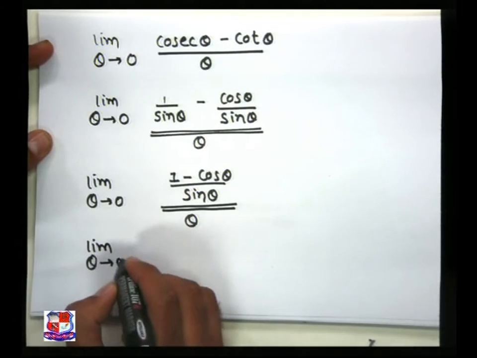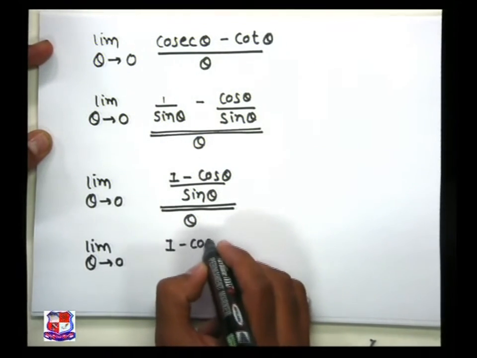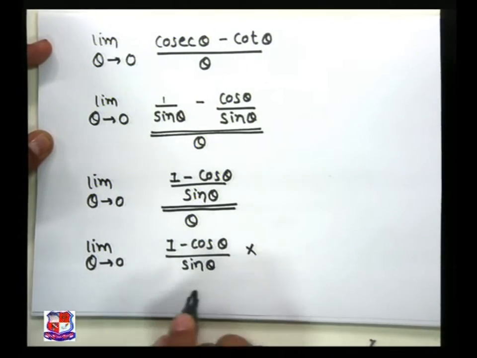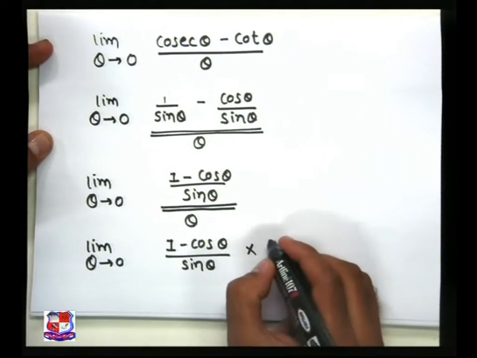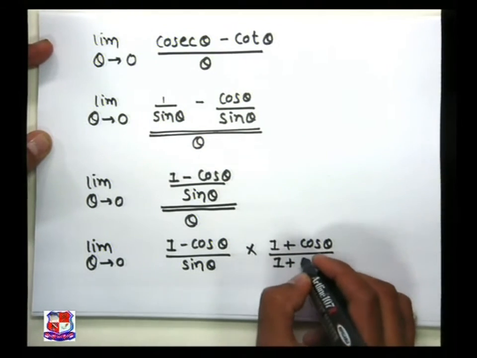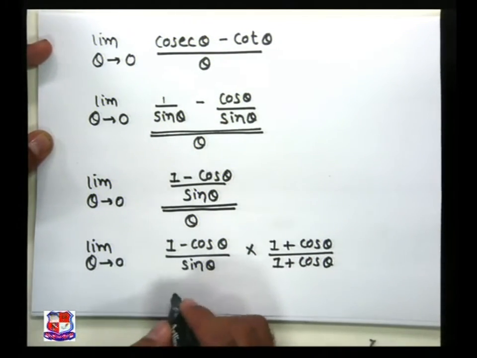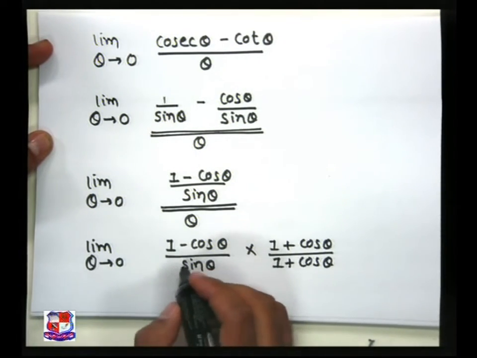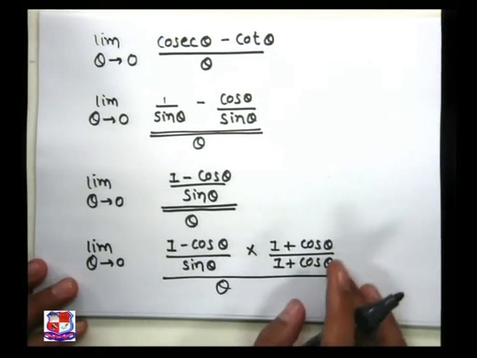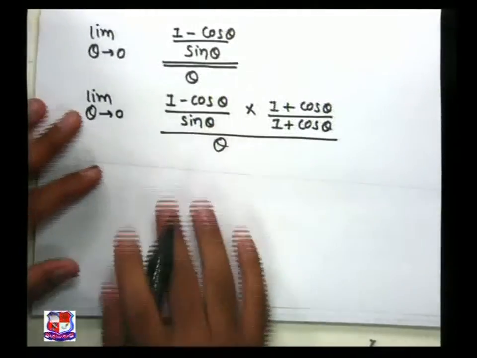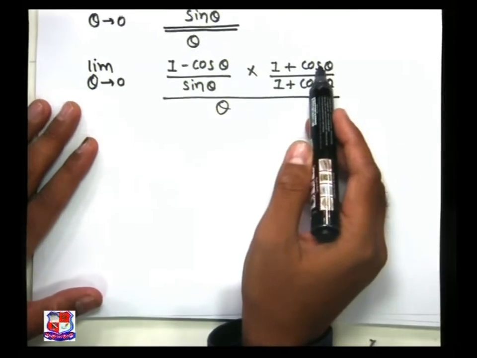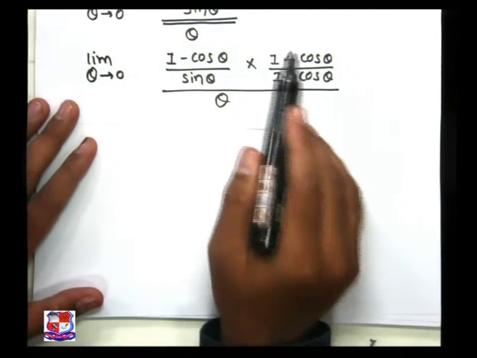So our next step is to use rationalization and multiply and divide with 1 plus cos theta. Here theta tends to 0, (1 minus cos theta) upon sin theta multiplied with the rationalization value (1 plus cos theta) upon (1 plus cos theta), divided by theta. Now we want to simplify it. Here 1 minus cos theta times 1 plus cos theta is nothing but 1 minus cos square theta.